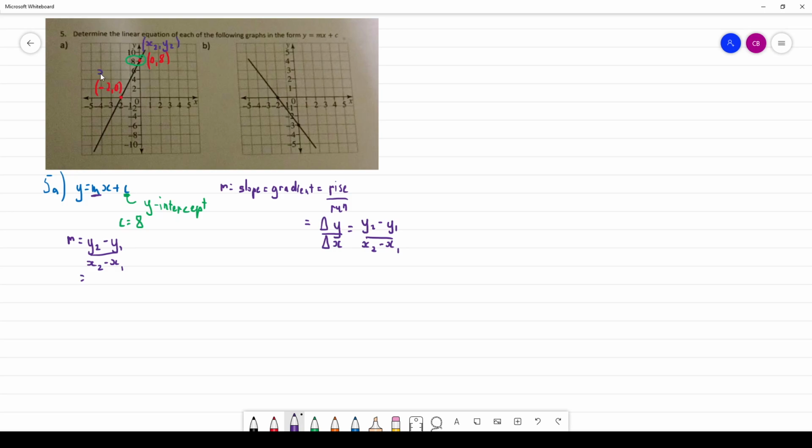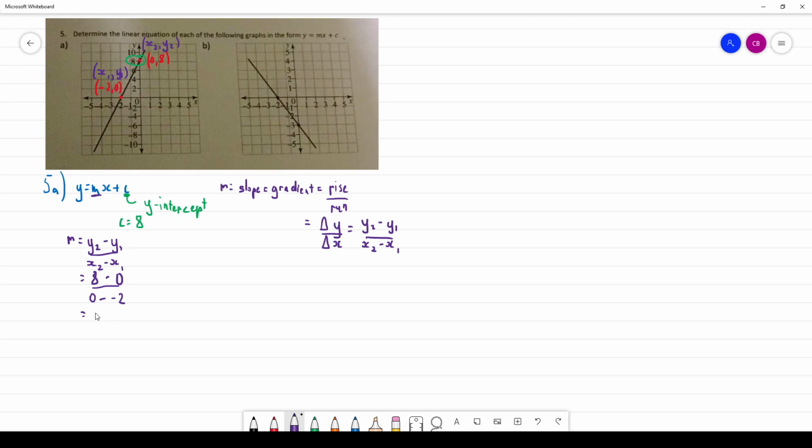And my first coordinate would be x1, y1. So our first value, y2, that's just 8, minus y1, which is 0, that's very nice and easy, x2, which is 0, minus x1, x1 is -2, so put a -2 in there.